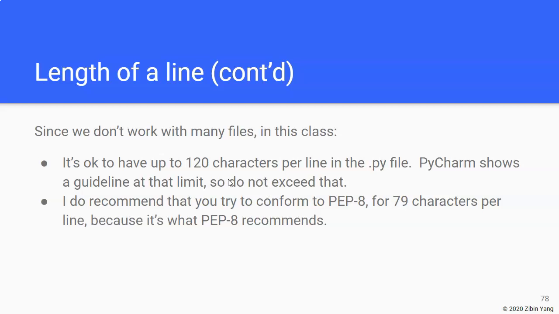Now, my recommendation is actually that we do follow PEP 8, so if we can, limit all of your lines to at most 79 characters. It's good to get into a habit of doing that.